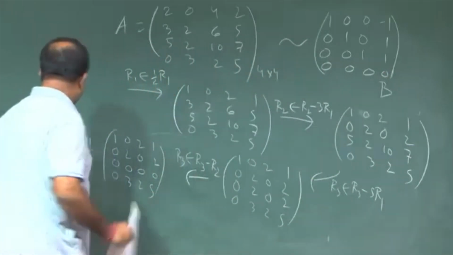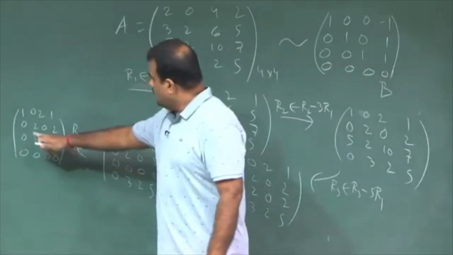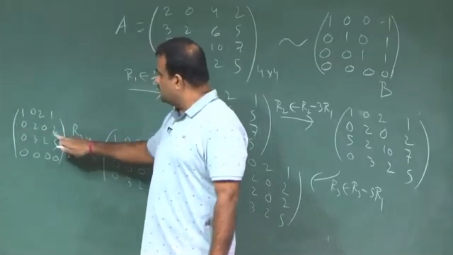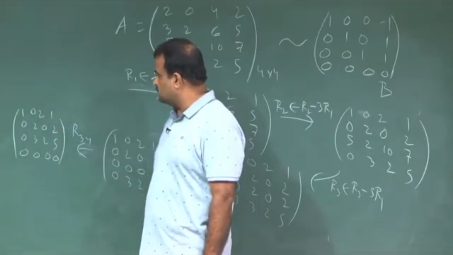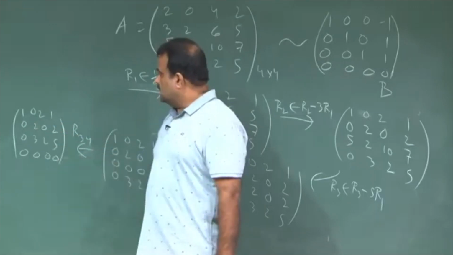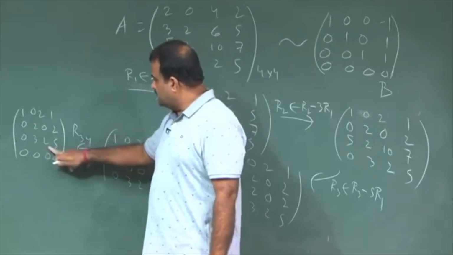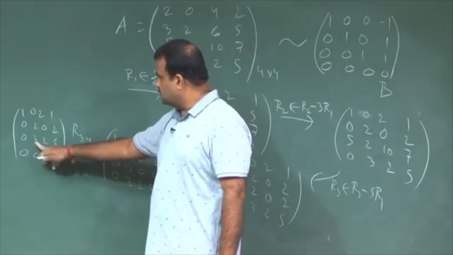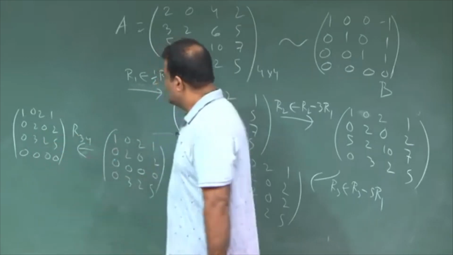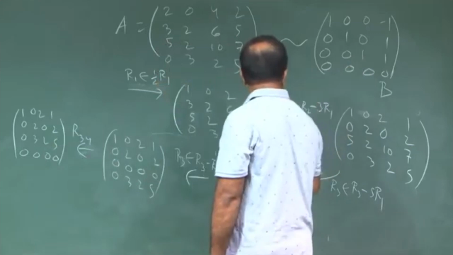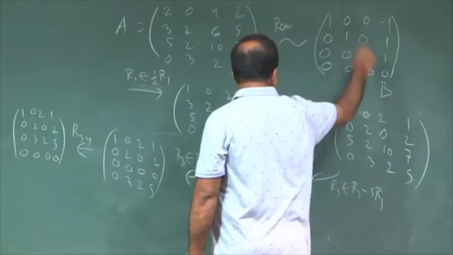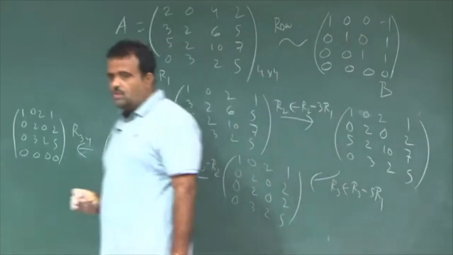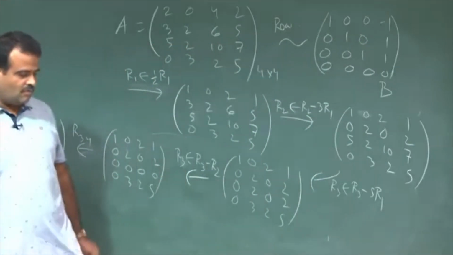So, again after this we can divide this row by 2, that is, multiply it by half. So, this will be like this, then we can multiply with this. So, this will vanish like this, then eventually this will be of this form. So, this is the row equivalence, and this form is called row echelon form.